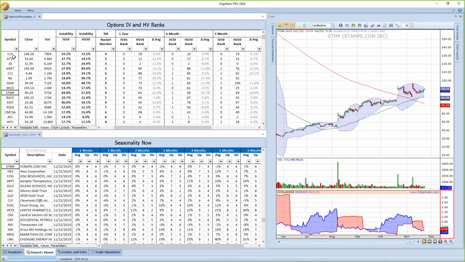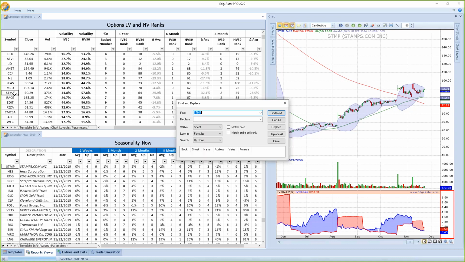Question, Chris. Using best choice, VEEV comes up as a trade. It's been long until the end of the month, and then it's a short after that, on a consistent basis.